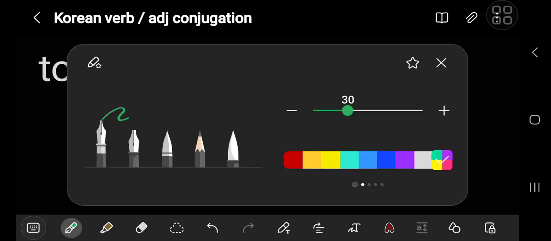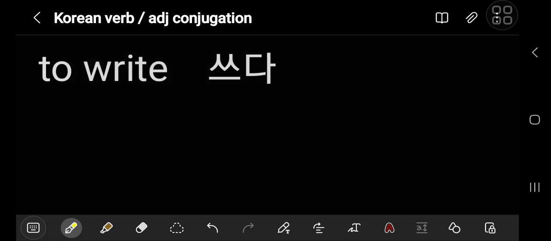Now this is, I don't know if you would call this an irregular, but it's not as easy or standard as the other. There's a slight variation because we got, well, first, same thing. Get rid of the da. So to write. This can also mean to use. So you have to look at the context to understand what meaning this verb has in the sentence. But then we look at the vowel.